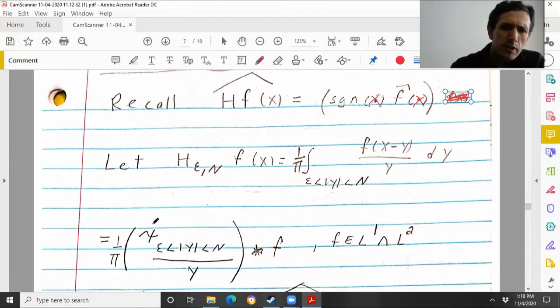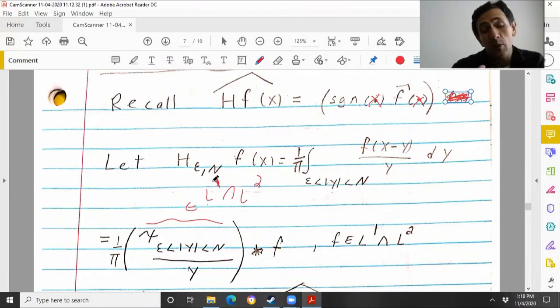So this is certainly in L1 intersect L2. So by the homework, which I will grade very soon, I apologize for that. Right, everything is L1 intersect L2.